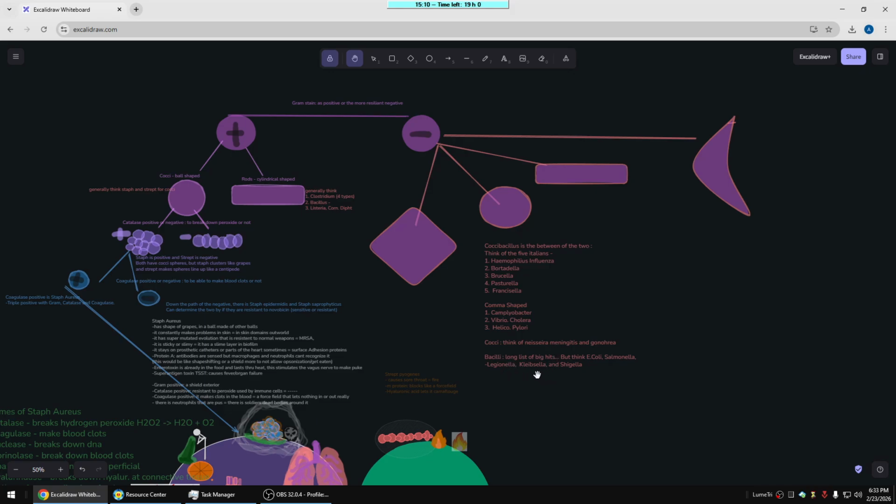So again with the Ellas: Legionella, Klebsiella, Shigella. There's about 10 or 11 big Italian names in this negative side that will get you really far. These five, these three, these two also. These 12 will get you really, really far in general.